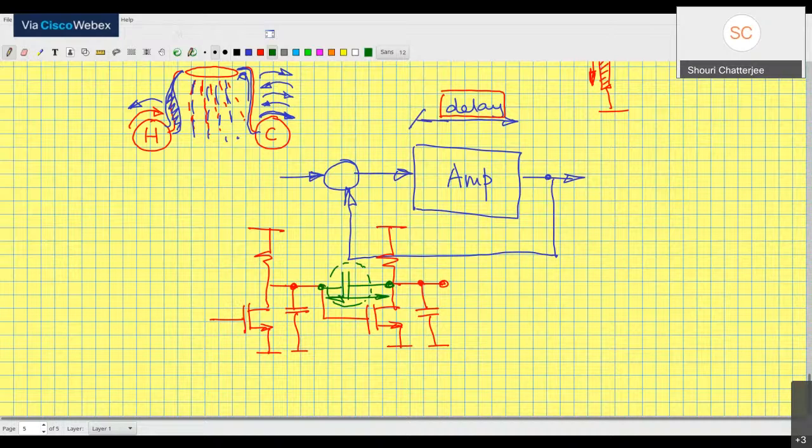Now then you're going to ask, why will I not be happy? Why should I ever not be happy? Can I apply a large signal? The reason for not being happy is distortion. Your output is going to start clipping because of the swing limits.